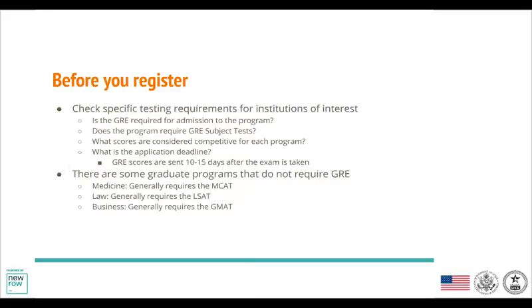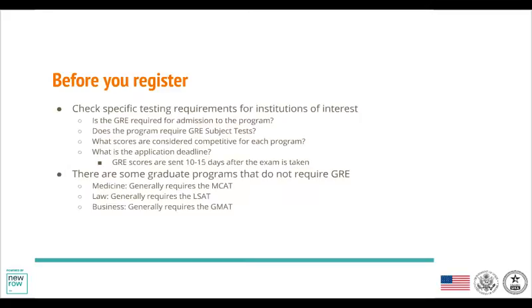And so you want to look at each program that you're applying to and see, does this program require the Graduate Record Exam or does it not? If it does require the GRE, you'll want to see which GREs they require. Is it just the general test, or do they require a subject test for your particular discipline?